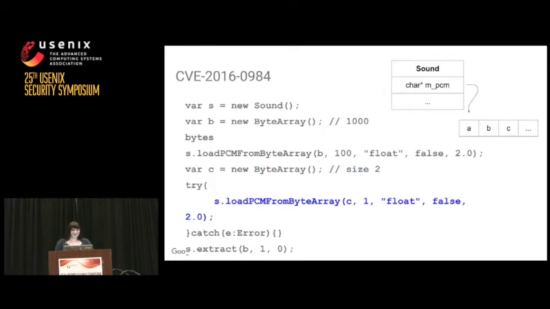And this one doesn't work correctly. It deletes the buffer, but then it tries to load the stuff from the byte array before it creates the new buffer. Except this byte array is tiny. It doesn't even have enough bytes for one float, so it throws an exception. And now you have this dangling pointer. You can catch the exception, and then when you call the extract function, which extracts the sound data, you can just read memory off the heap.